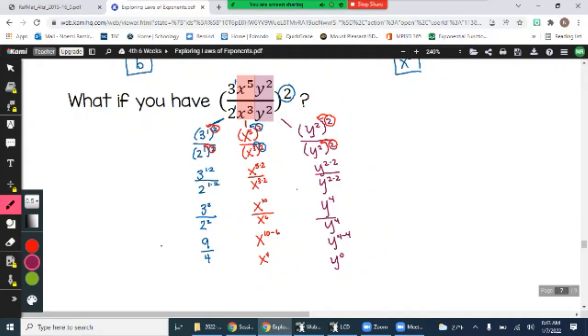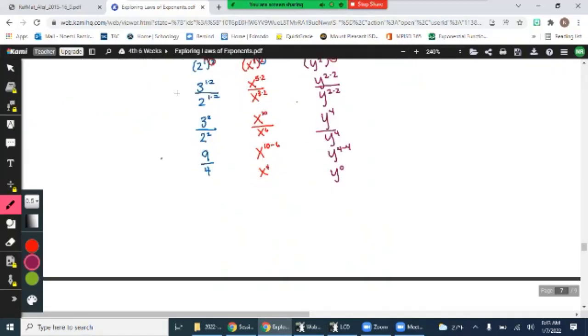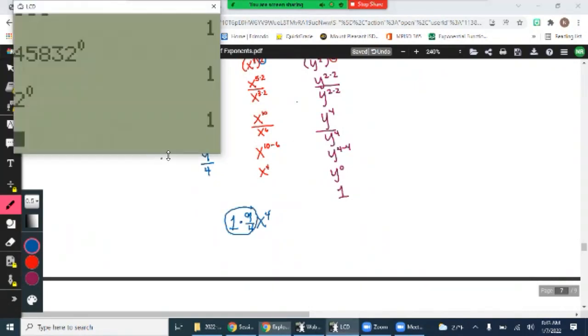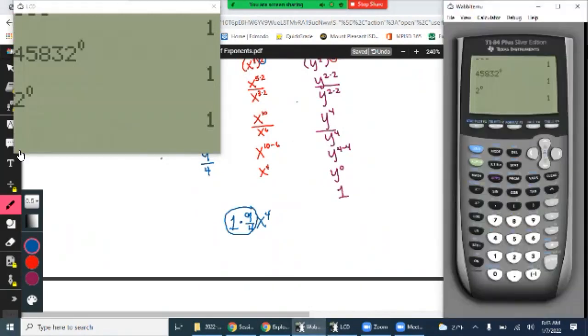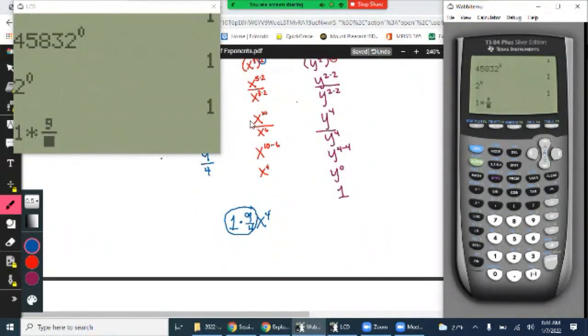So if this part of it turns into the number 1, when I put all of this back together again, it would be 1 times 9 over 4 times x to the power of 4. But 1 times anything here is just itself. 1 times 9 over 4 will remain 9 over 4.